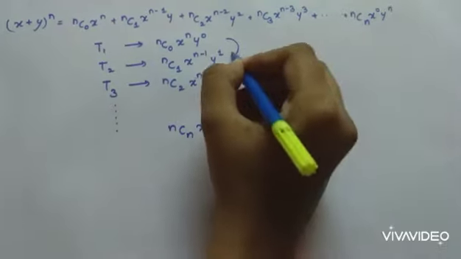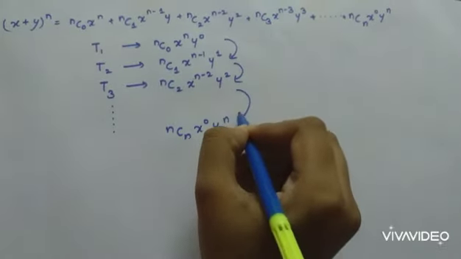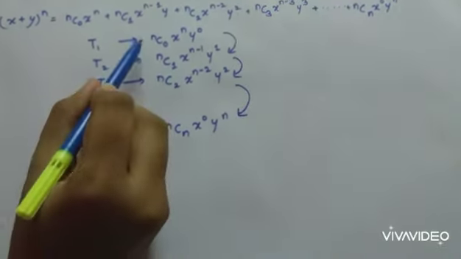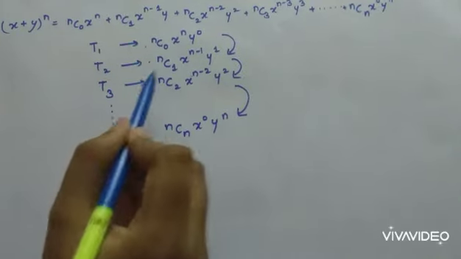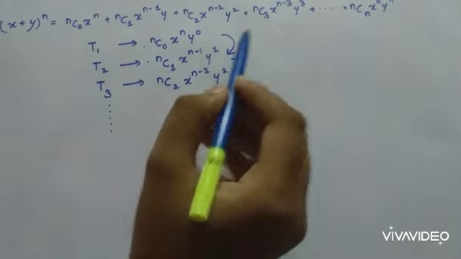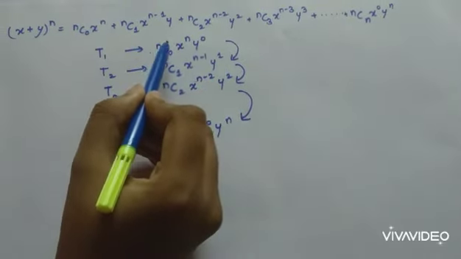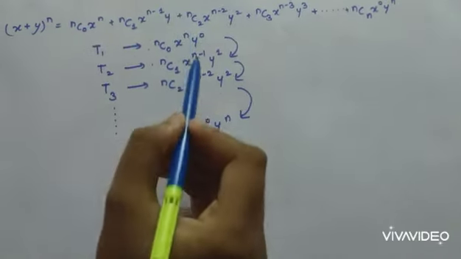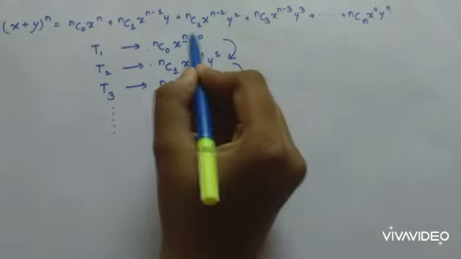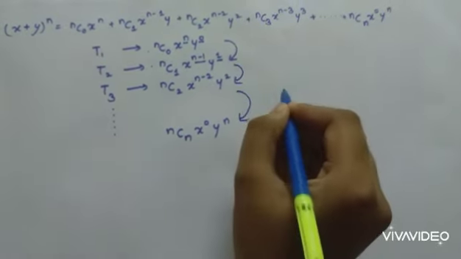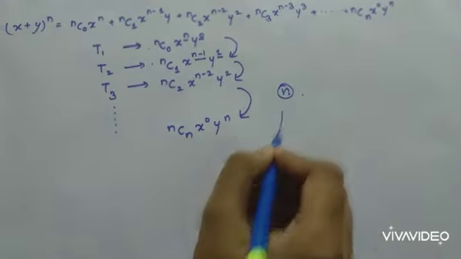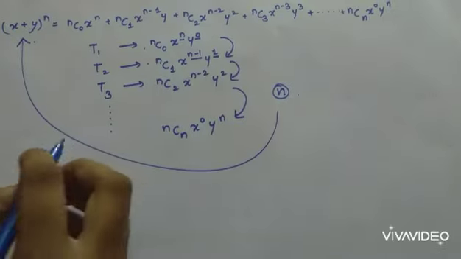Now if we observe each term, we understand that from first term to second term and second term to third term and so on, each power of y is increasing and each power of x is decreasing, and in each term the sum of powers of x plus y is n, which is the index of this expression.